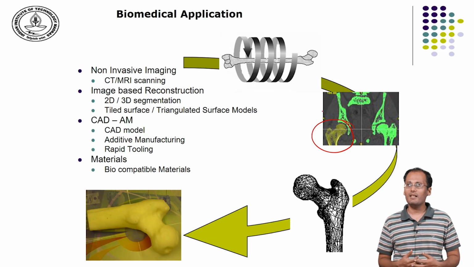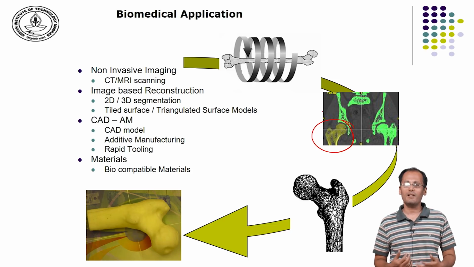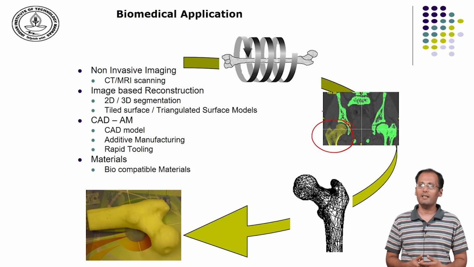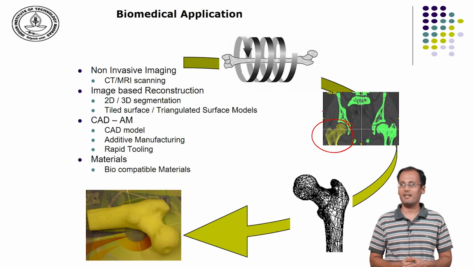One has to also understand how the additive manufacturing process will have an effect on the surface quality or the part strength, and have to develop predictive models that will enable the design of such parts.